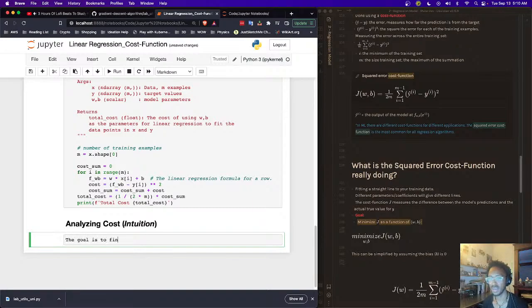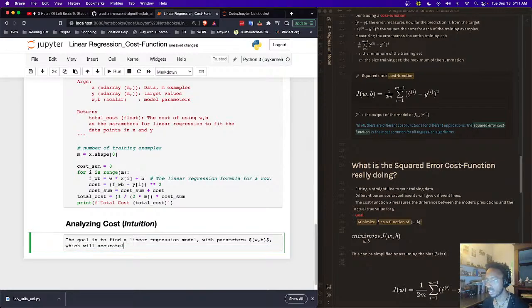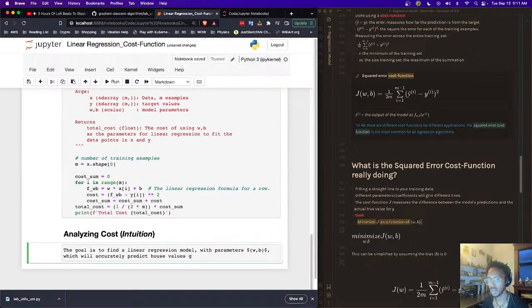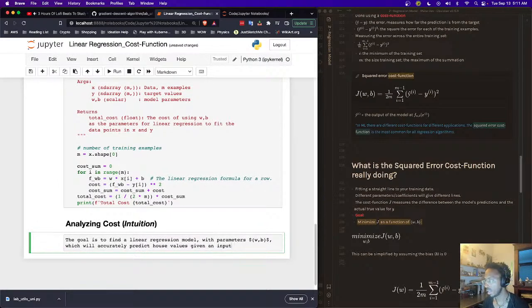The goal is to find a linear regression model with parameters W and B, which will accurately predict house values given an input of X. Yeah, the accuracy is low today.